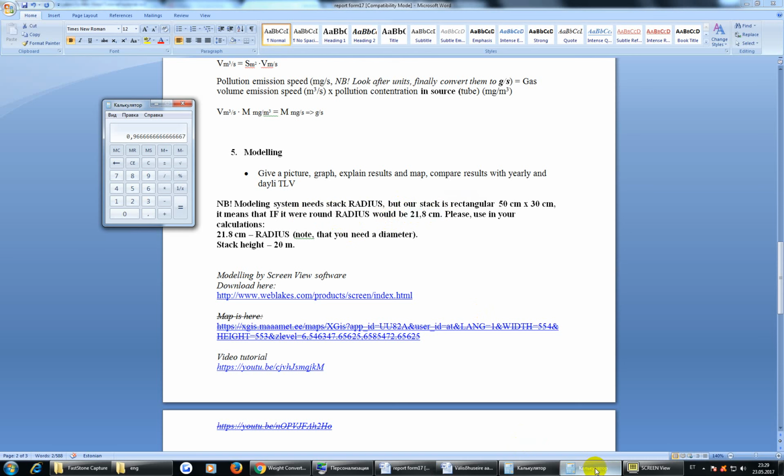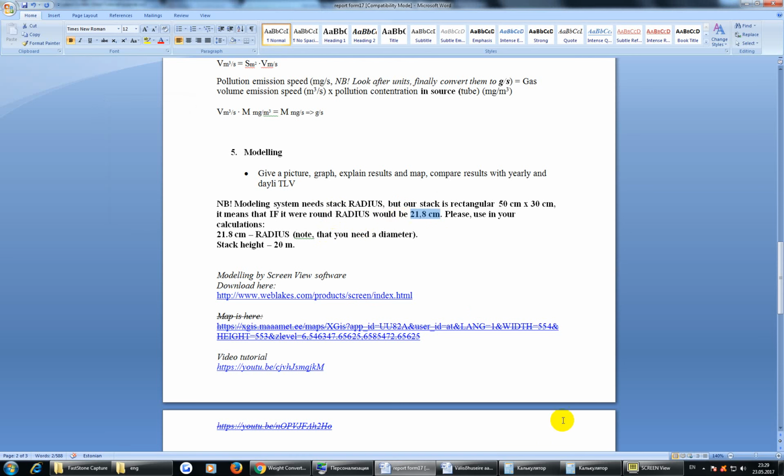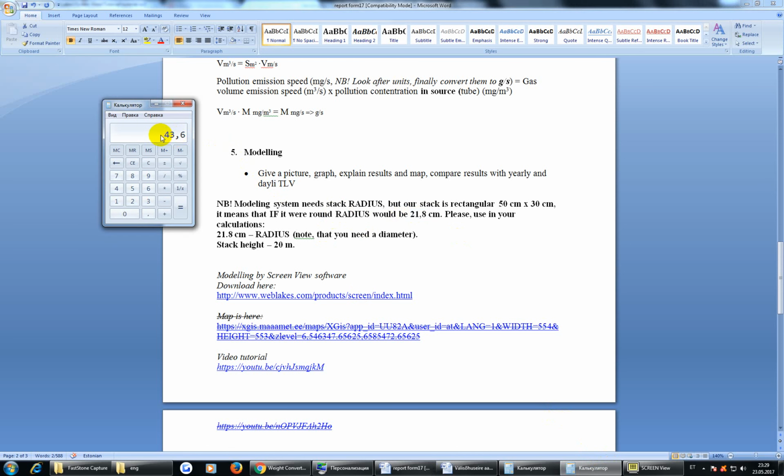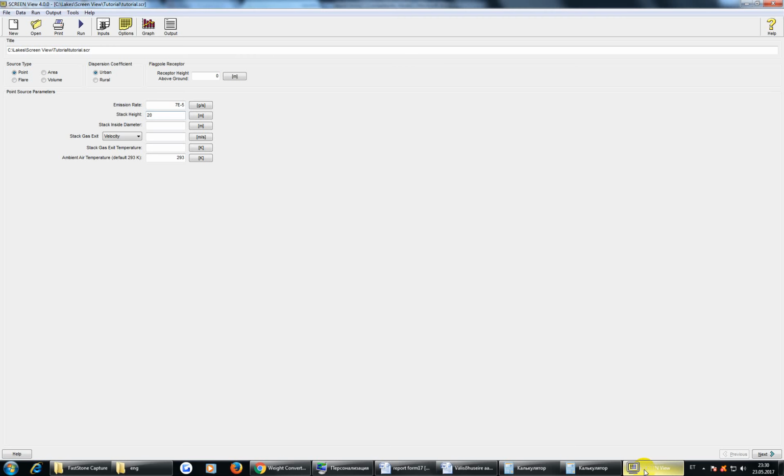Multiply it by 2, you will get a diameter. Because in reality it's rectangular, but if it were round, the diameter would be 43.6. So the model accepts only round, so the stack inside diameter is 43.6.